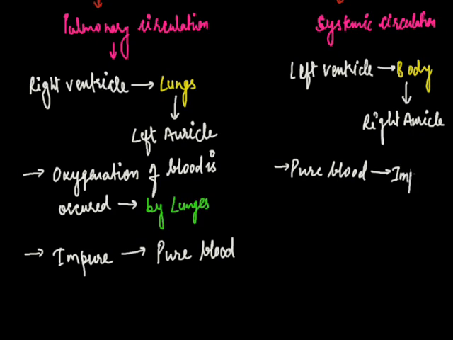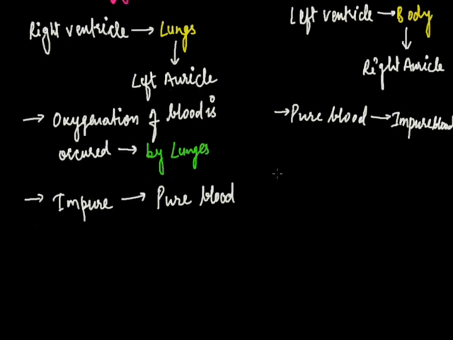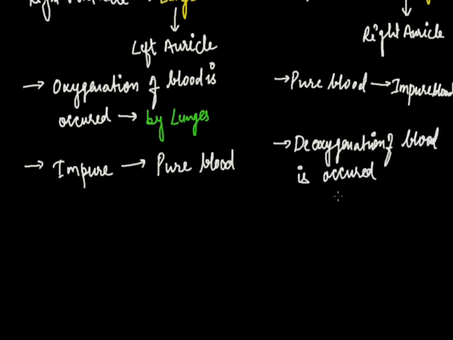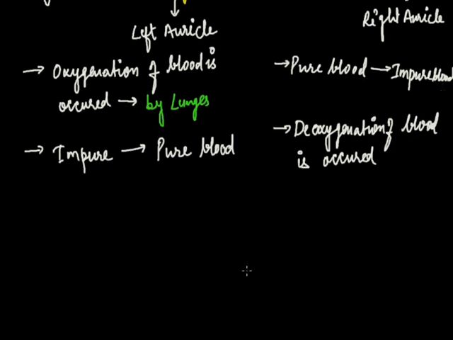So in systemic circulation, deoxygenation of blood occurs inside all the organs of the body, and the blood becomes rich in carbon dioxide.